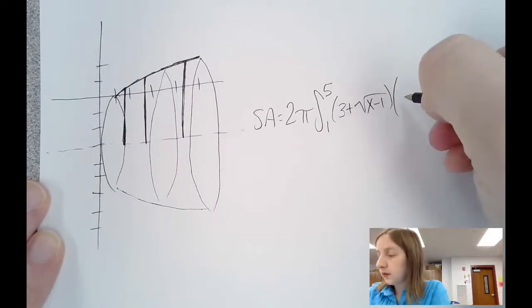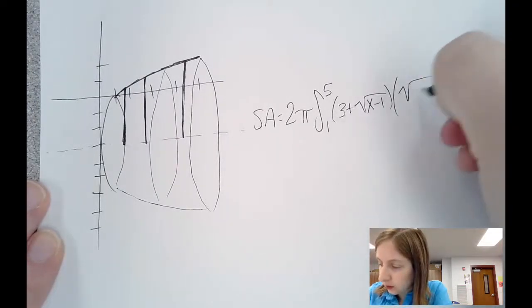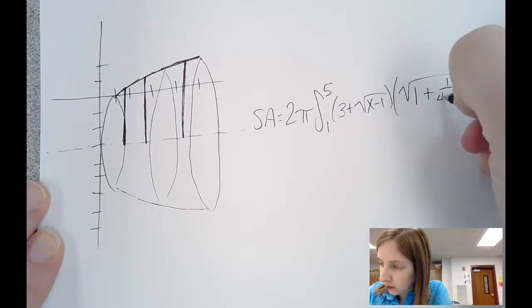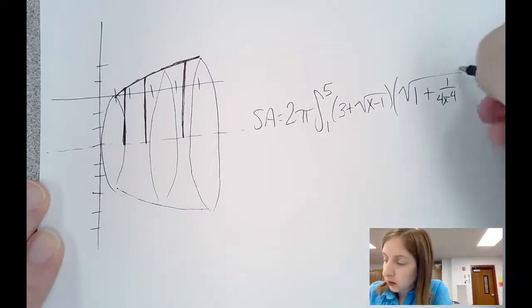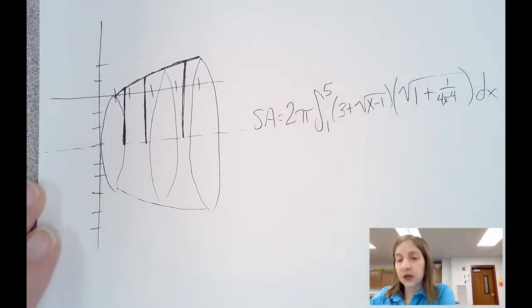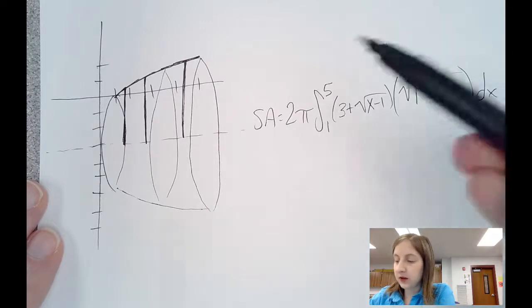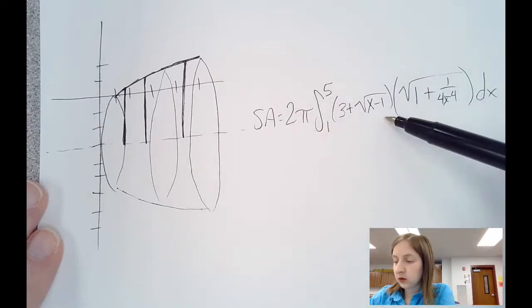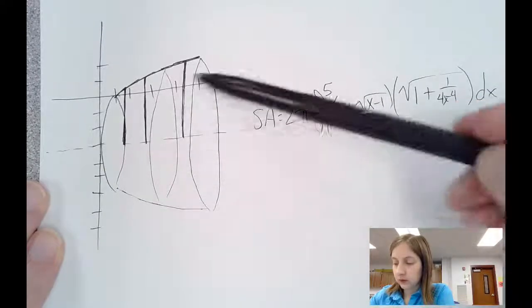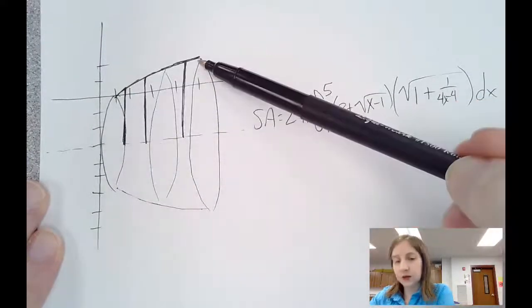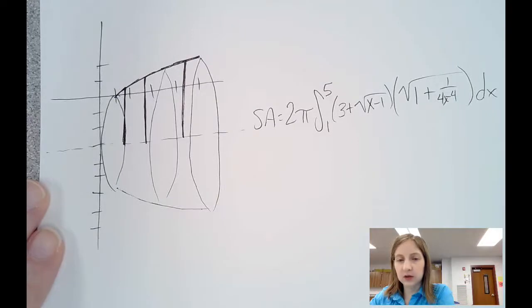And again, that same piece, square root of 1 plus 1 over 4x minus 4, dx. And that gives us the surface area. So we're finding the circumference, 2 pi r, circumference of these circles, and then multiplying those circumferences by that arc length to get our surface area.